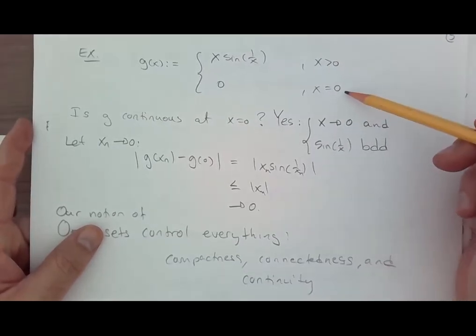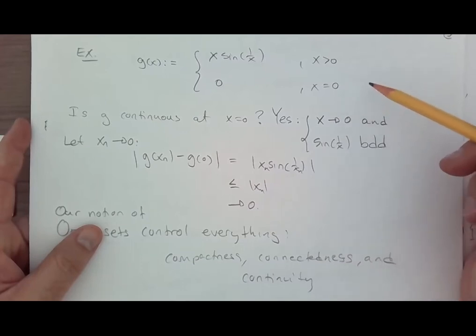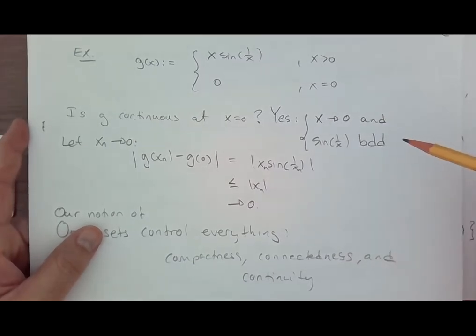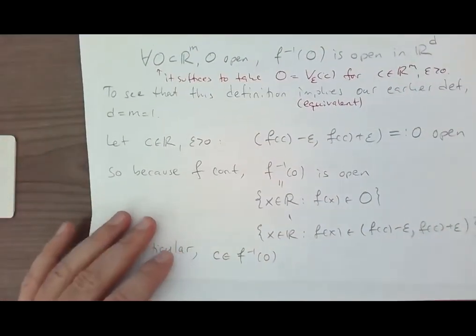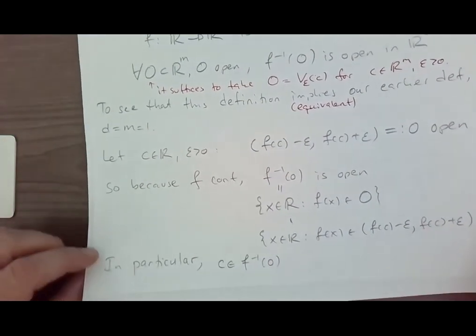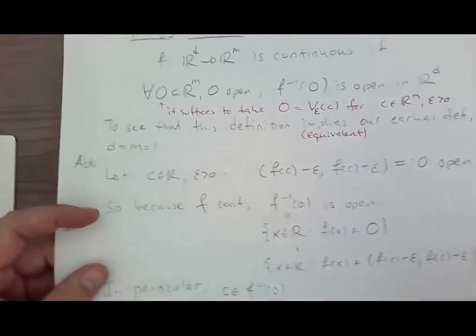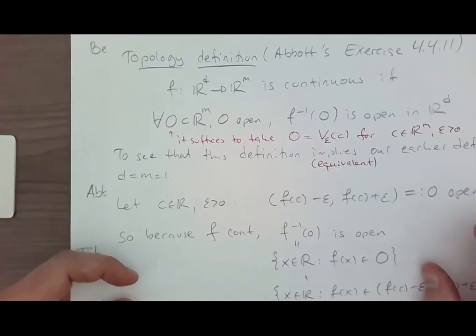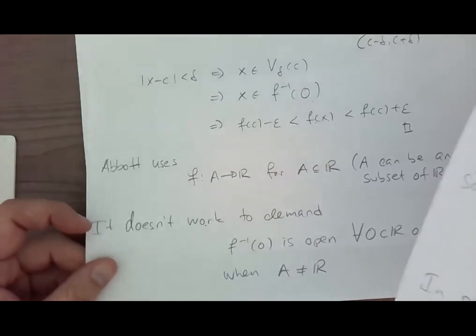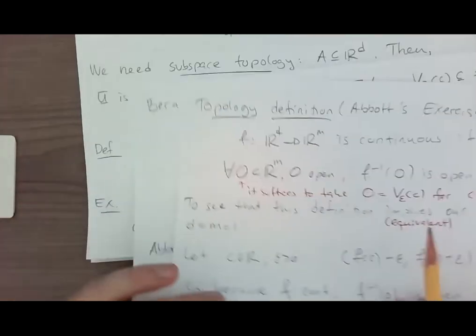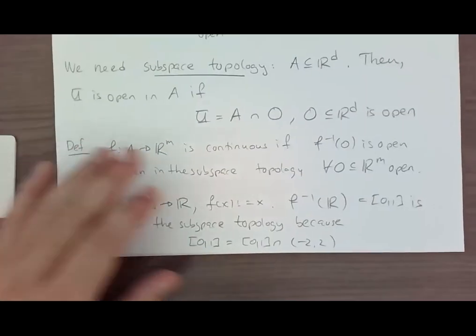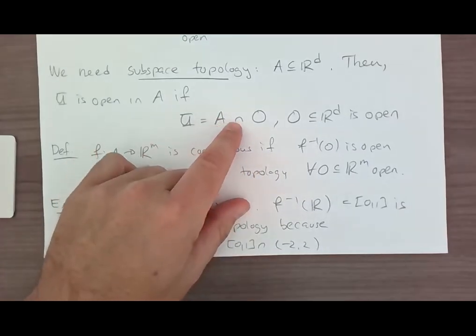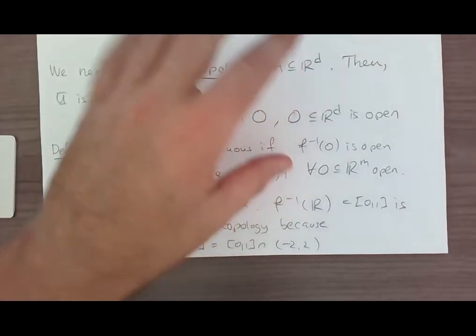So A here is the interval from 0 to infinity, closed at 0. So we need a notion of continuity on such subsets. And if one wants to use the topology definition, then the right notion to use is this subspace topology, which is not bad. You just take the set and intersect with open sets coming from the bigger space.